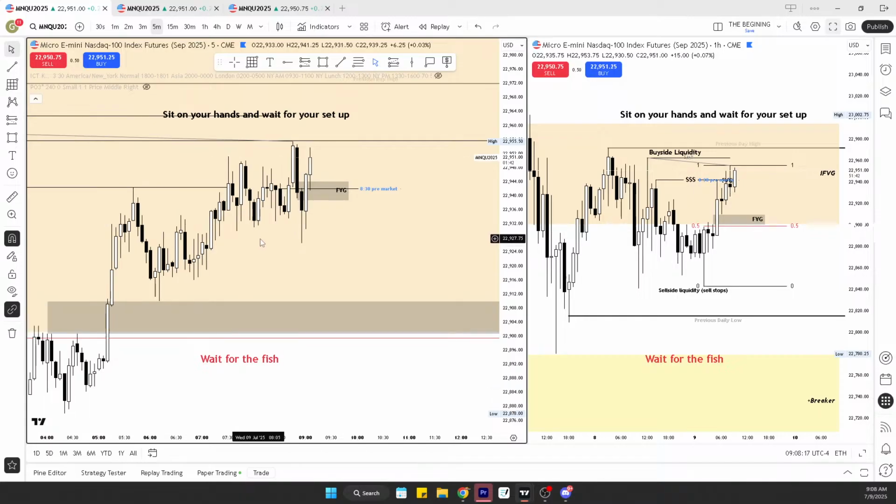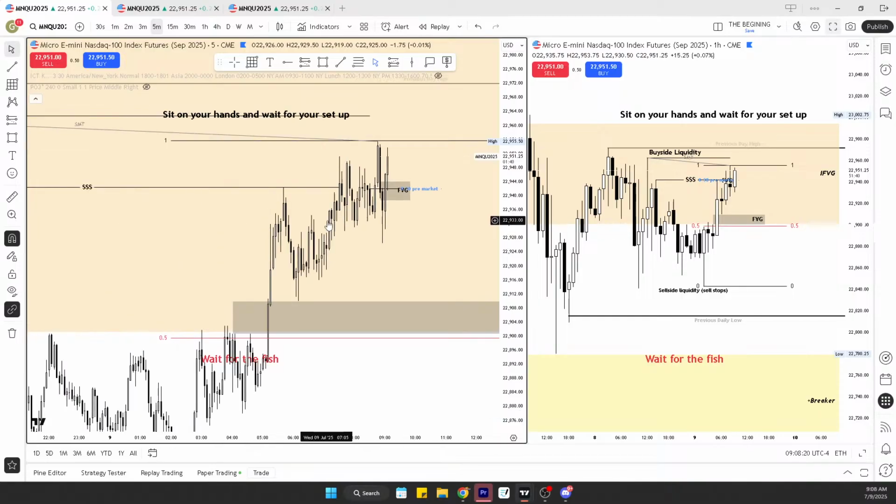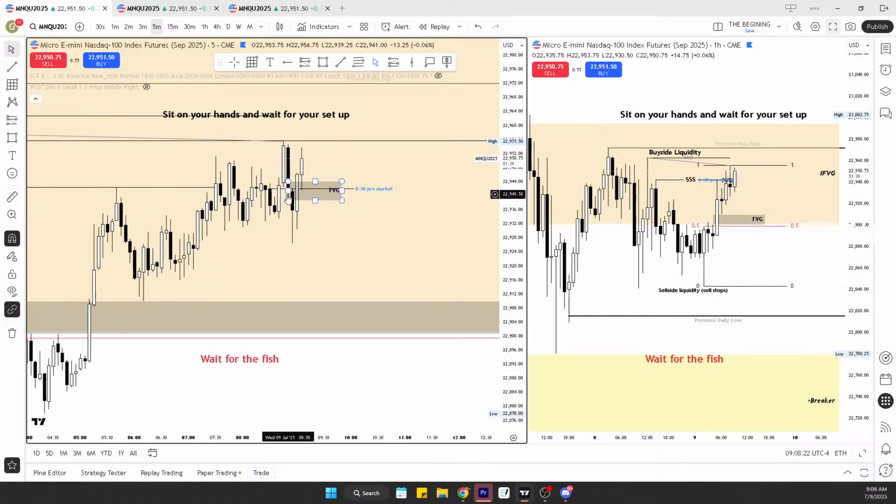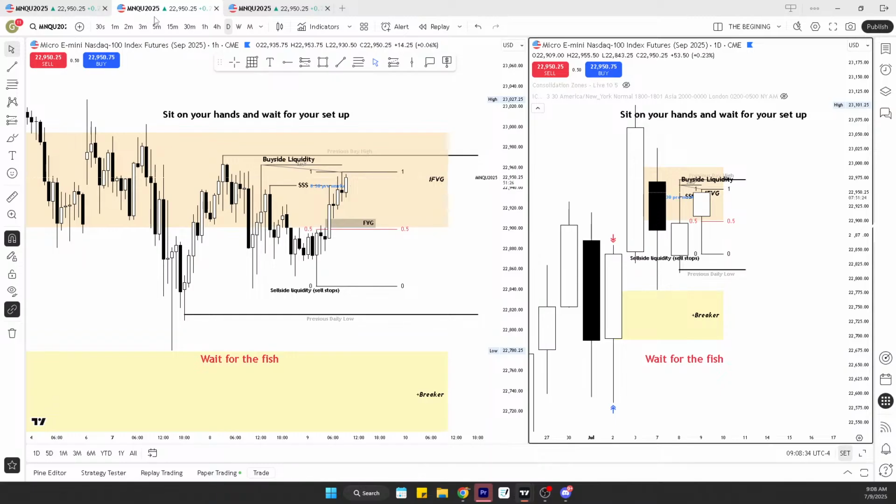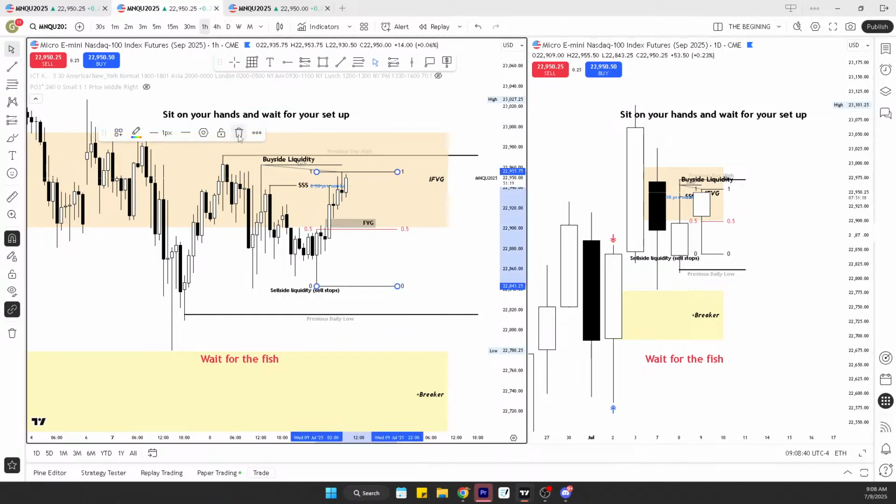So let's wait. So I see so far already, market pre-open came down, came up, went back lower. This will be the low of the day right now. So we gonna see how this plays out. I'm gonna take this one off.